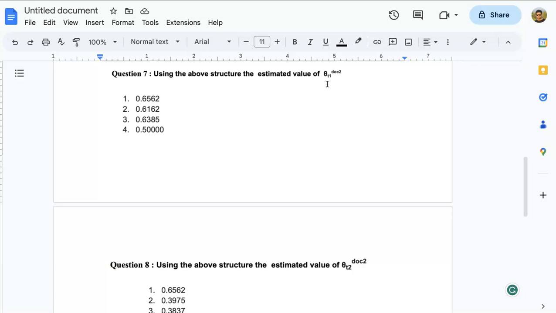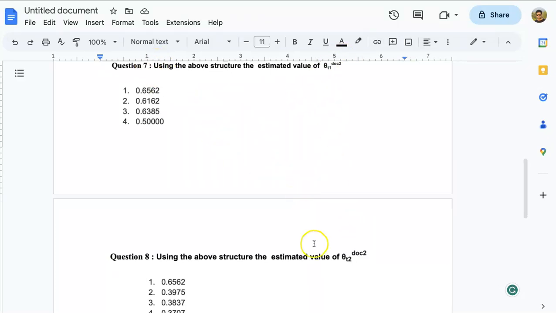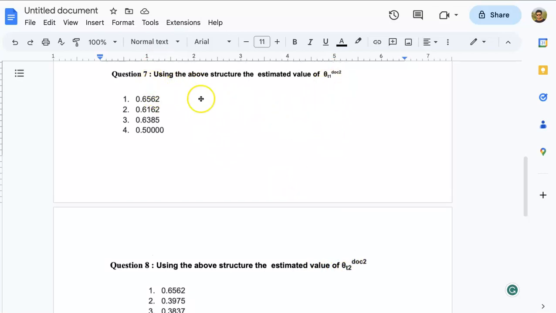So it's a probability distribution, and the total probability for these two will be 1, because there are no other topic classes. So if you know the answer of question 7, you already know the answer of question 8, because it will be 1 minus the answer of question 7.